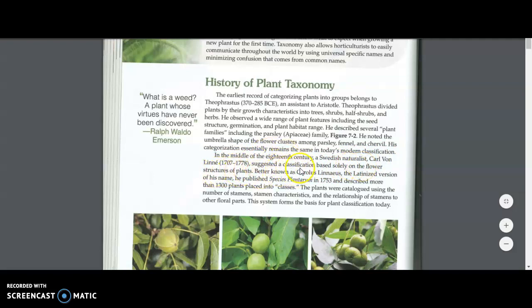Better known as Carolus Linnaeus, the Latinized version of his name, he published Species Plantarum in 1753 and described more than 1,300 plants placed into classes. The plants were cataloged using the number of stamens, stamen characteristics, and the relationships of stamens to other floral parts. This system forms the basis of plant classification today. So you'll find the answer to number 2 in what I just read.